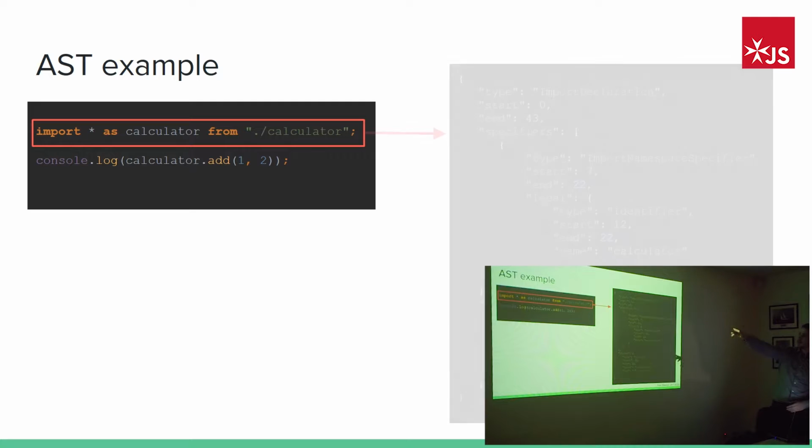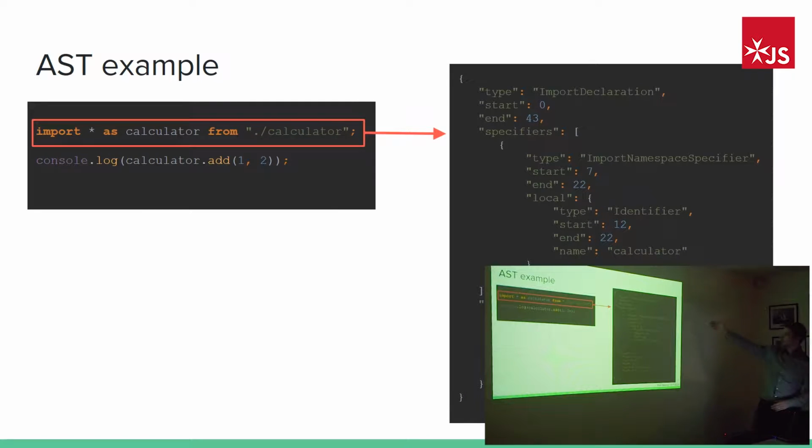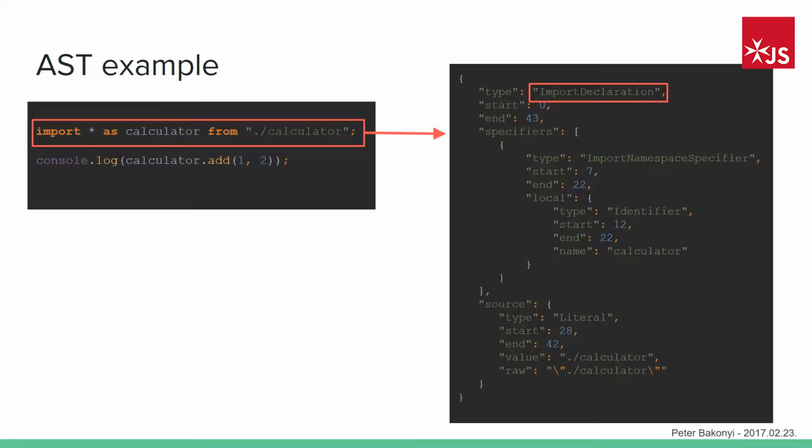You can see that from that one line of code, we get an object that describes what it actually is, and like that, it's easy to know that, for example, the type of this node is an import declaration, and it has a child node, which is an import namespace specifier, and here it will say that the name is calculator, and here it will say that the name of the module is ./calculator.